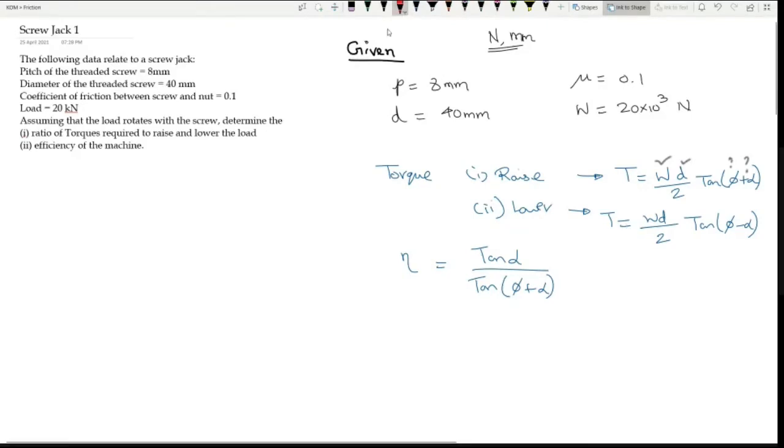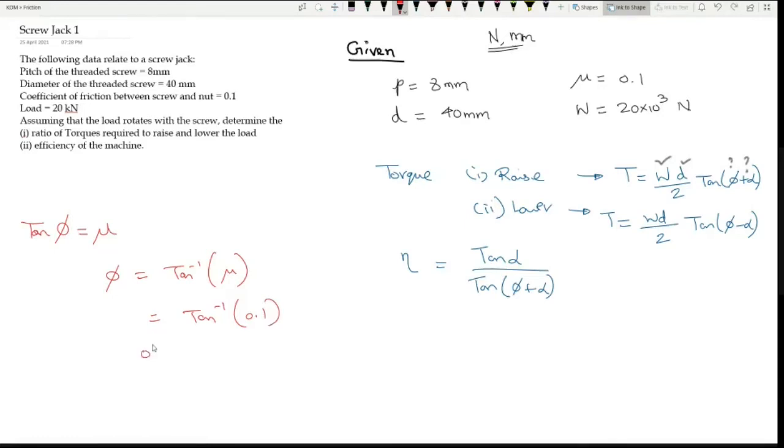How to identify phi? Mu is equal to tan phi. So phi is equal to tan inverse of mu, which is tan inverse of 0.1.